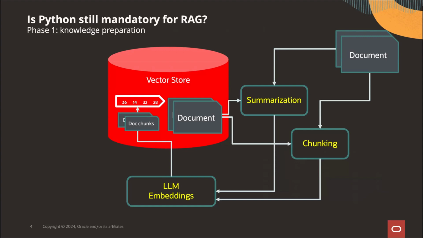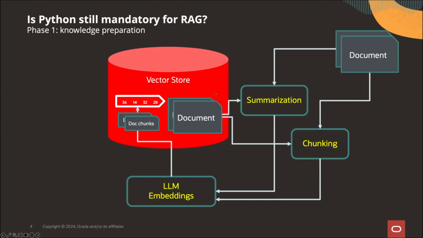So to implement Retrieval Augmented Generation, we have to implement, first of all, a data ingestion phase that is shown in this slide. Your documents could be wherever, into a vector store or into external storage.